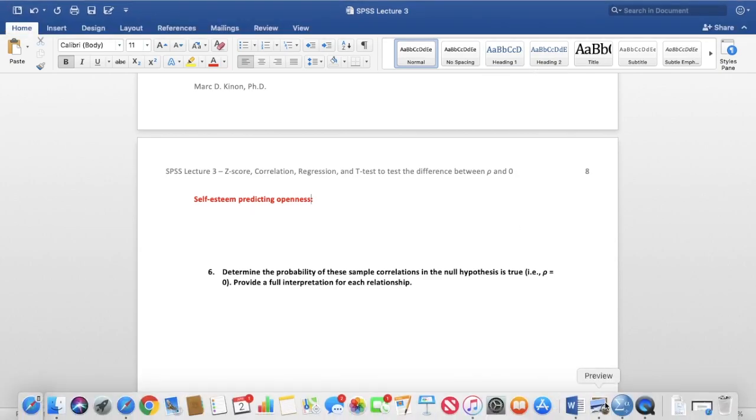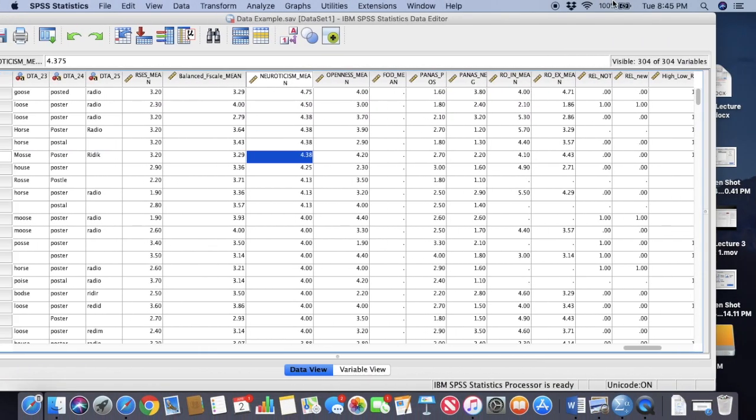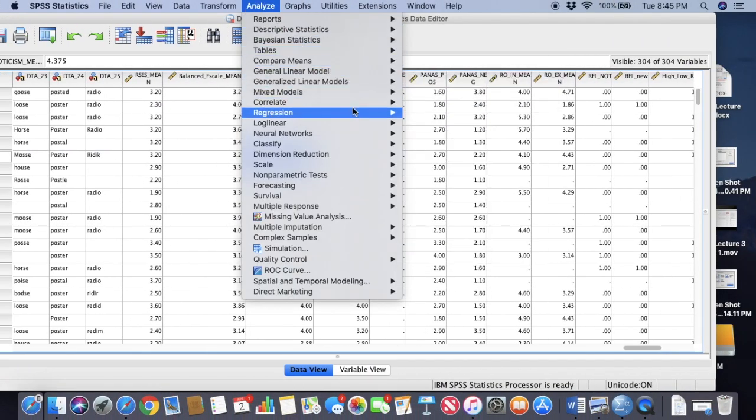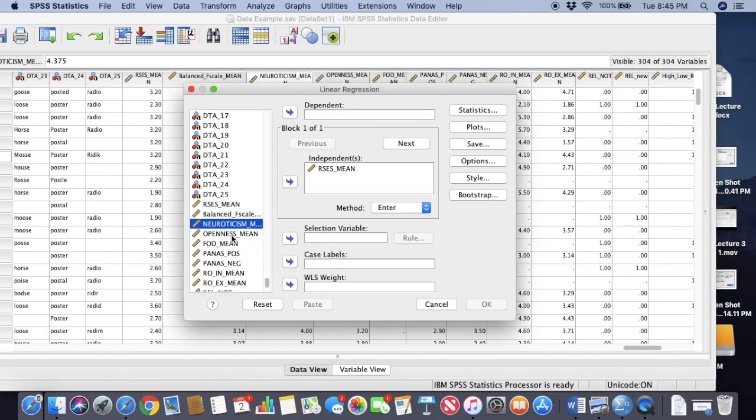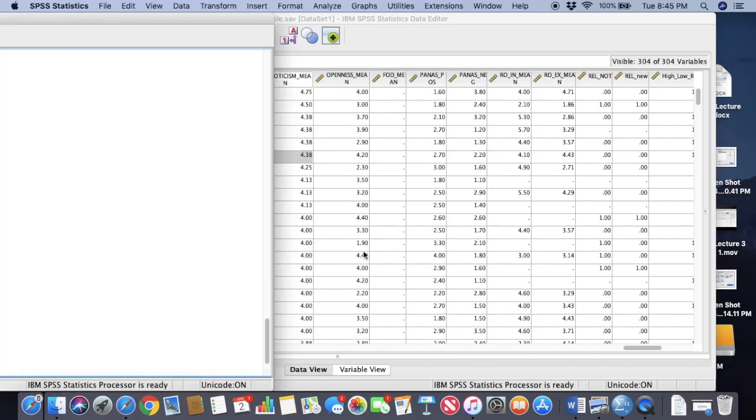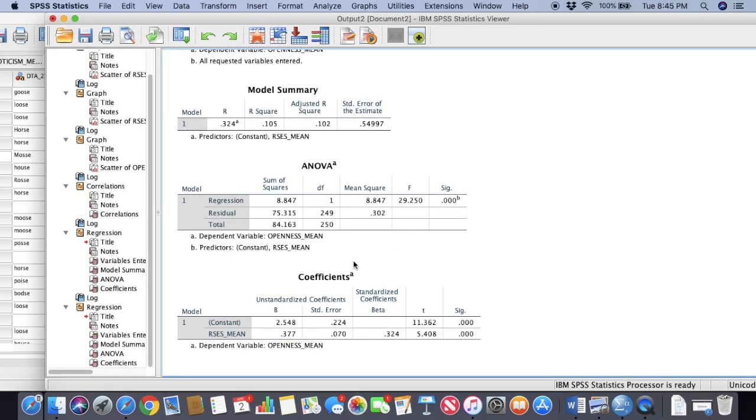Okay, perfect. So just go back to SPSS, go to Analyze, Regression, Linear. So now we're predicting openness, not neuroticism, from self-esteem. So just add openness, hit OK. And then all you're interested in is this coefficients table.